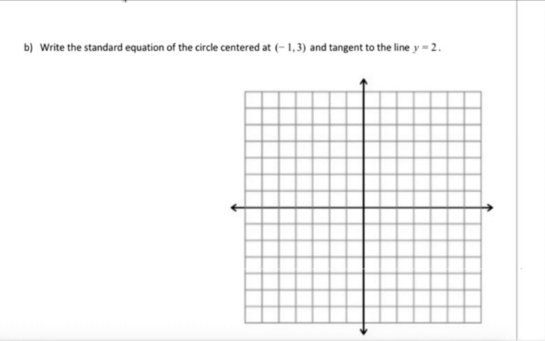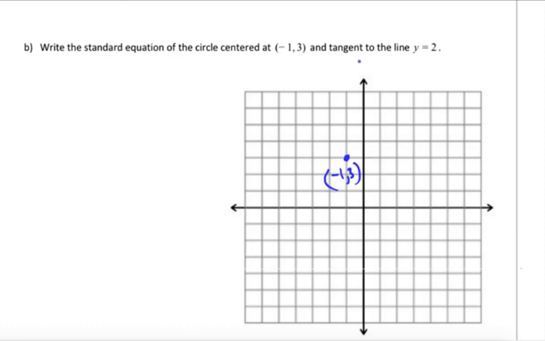We want to write the standard equation of the circle centered at -1, 3 and tangent to the line y equals 2. First, it's easy enough for us to identify the center of the circle, at negative 1, 3.